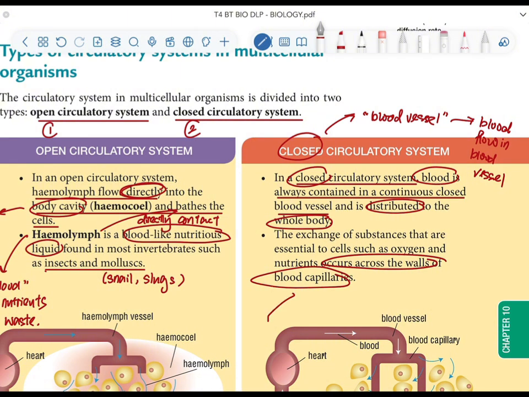That's why they need these blood capillaries to aid the exchange of nutrients and waste.